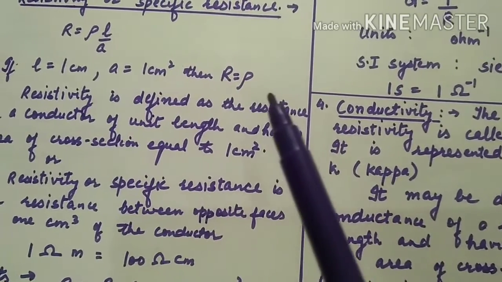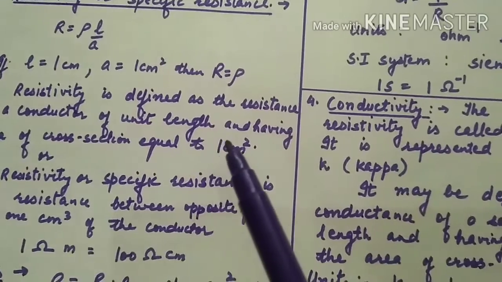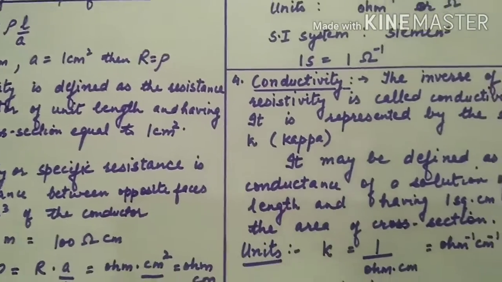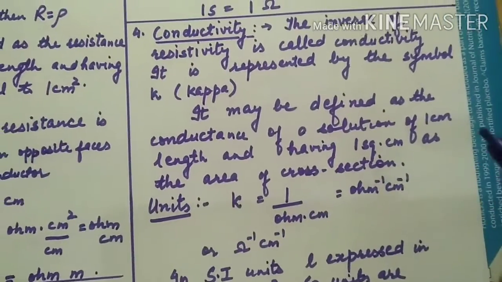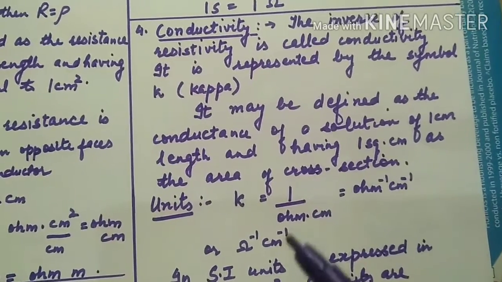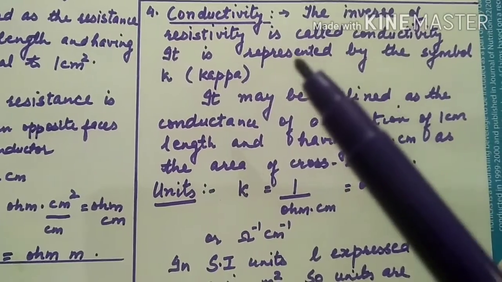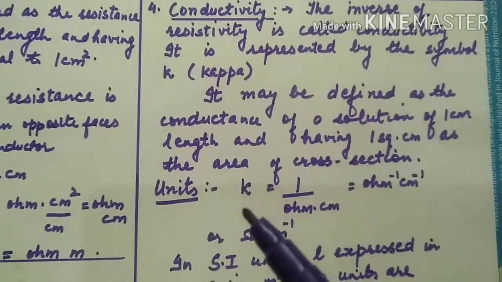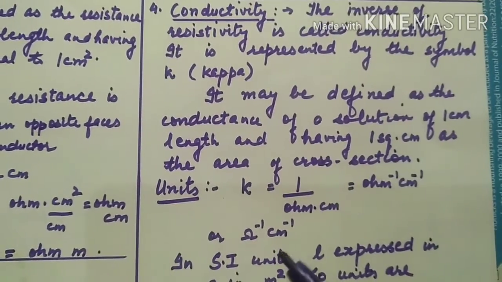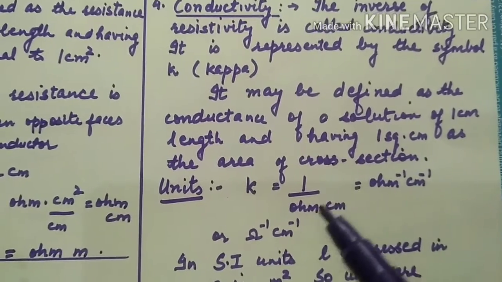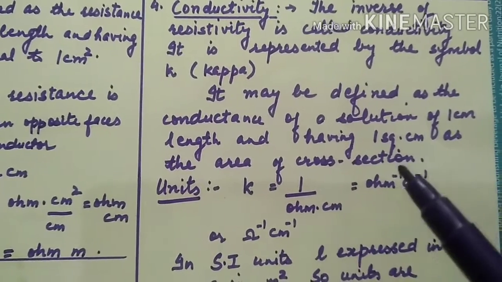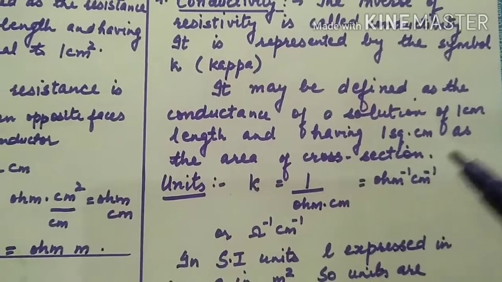Conductivity is defined as the conductance of a conductor of unit length and having cross section equal to 1 centimeter square. Units of now this conductivity, इसको हम क्योंकि kappa से represent कर रहे हैं तो kappa is equal to 1 upon rho. Units of rho, ohm centimeter, so ये आ गया ohm inverse centimeter inverse.